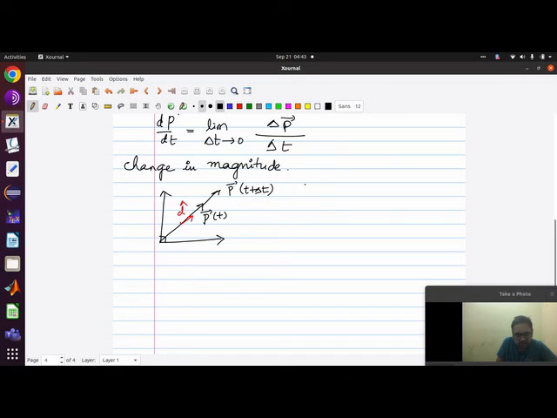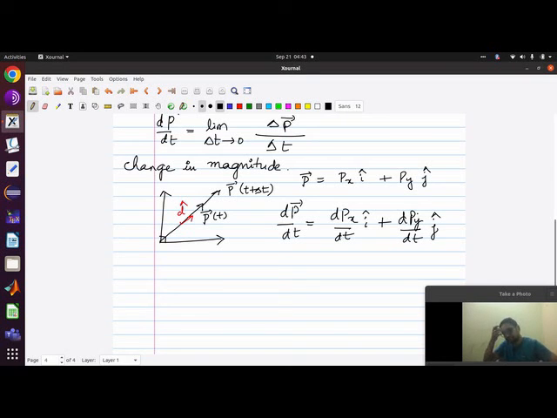So in this case, since your direction is constant, your vector will be simply Px i cap plus Py j cap, and if you do d by dt, you get dPx by dt i cap plus dPy by dt j cap.